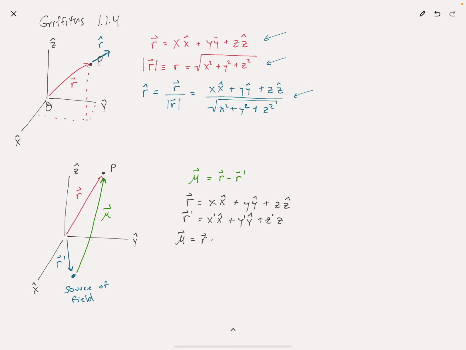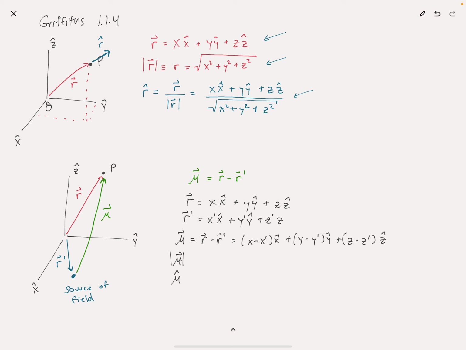Since it's r minus r prime, that becomes x minus x prime in the x hat plus y minus y prime in the y hat plus z minus z prime in the z hat. And again, we can calculate the magnitudes and also define script r hat, the unit vector. I won't do that here.